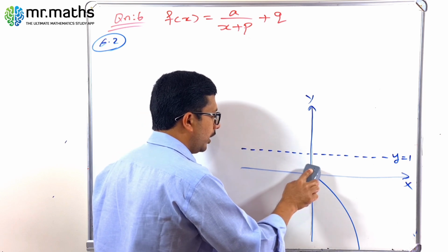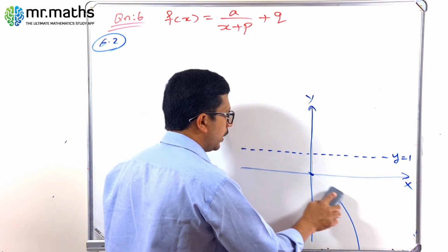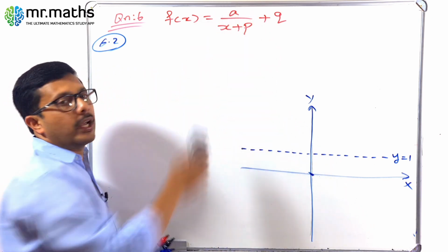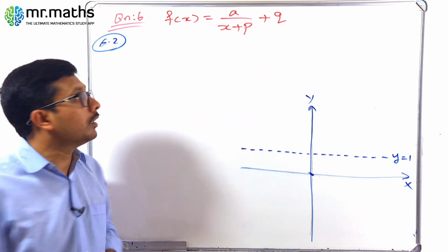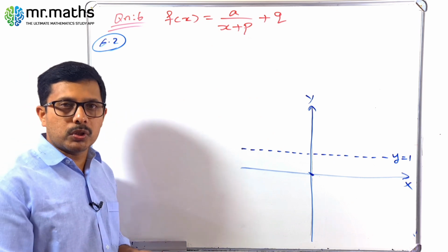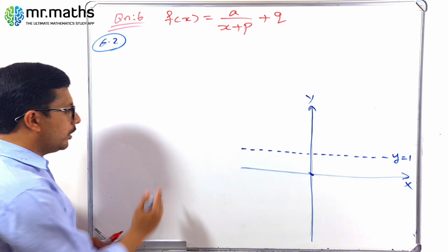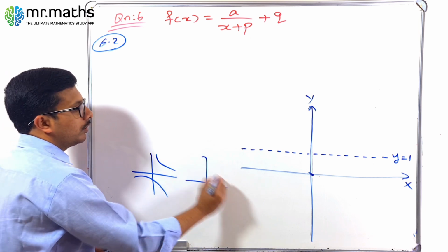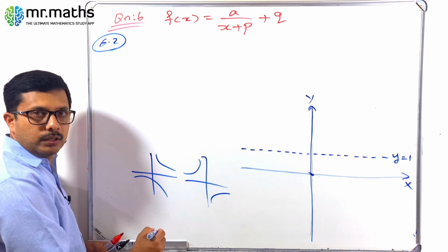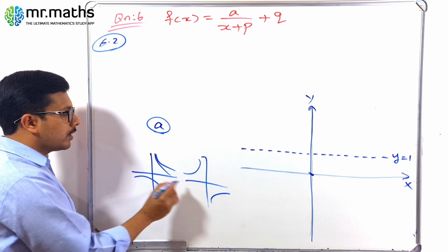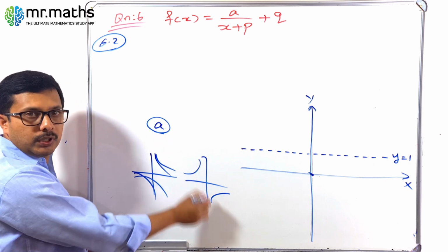But anyway, I'm not going to draw that now, because we don't know what the value of a is. Am I right? We have to know whether a is positive or negative. Then only can we decide, is it like this or like this. If the value of a is positive or negative, that will determine the shape of the graph.